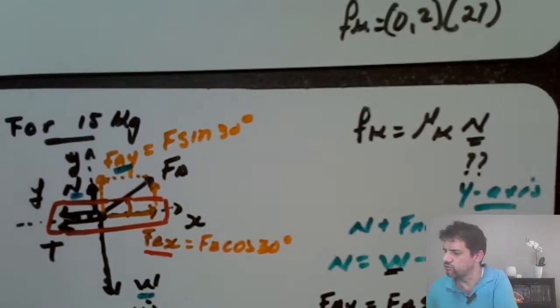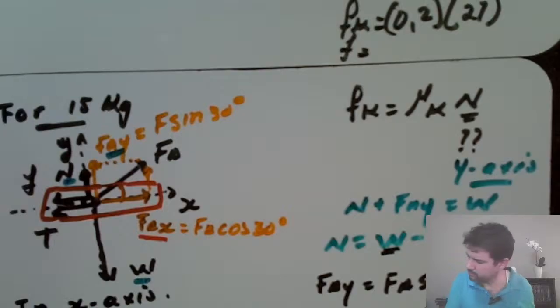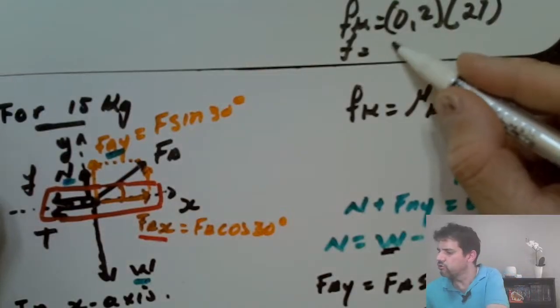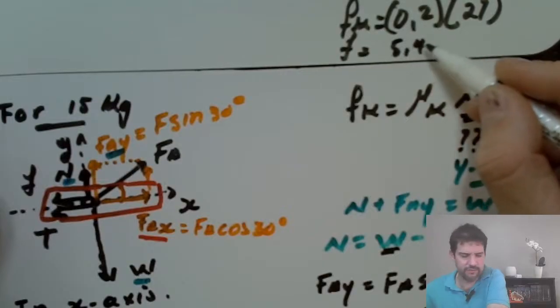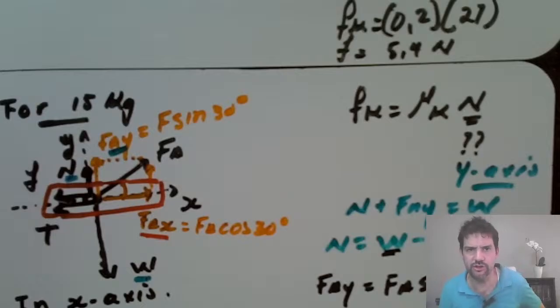So this one is going to be equal to 0,2 times 27, I get that is 5,4. So the frictional force is 5,4 Newton. There we go. So we have friction now.